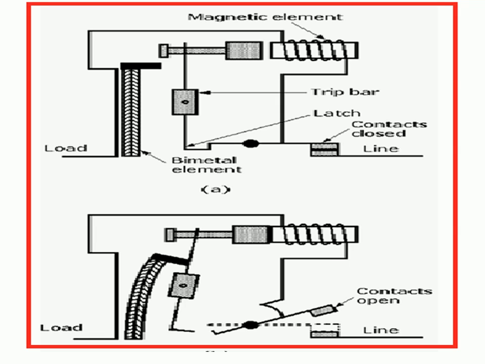When the fault current or short circuit current flows, it is much higher than the normal current. When it flows through the magnetic coil, the magnetic field developed is sufficient to overcome the spring force holding the slug. That means it attracts the slug, which results in the tripping of the mechanism.